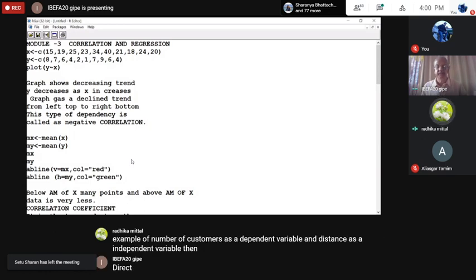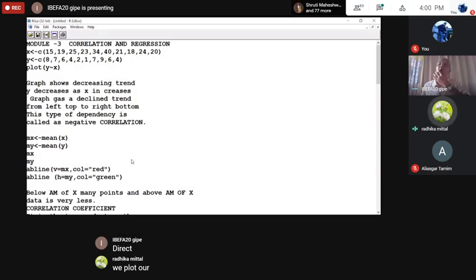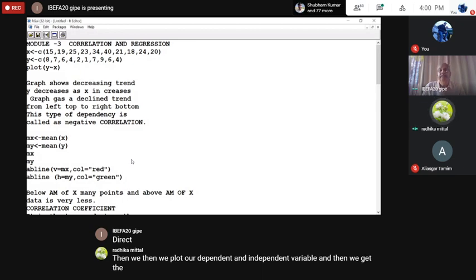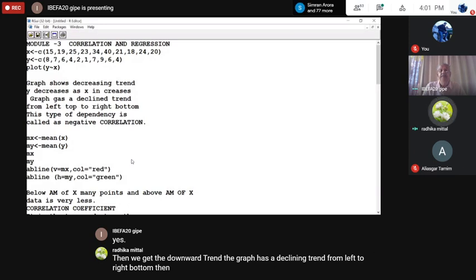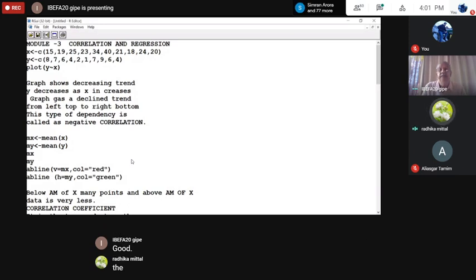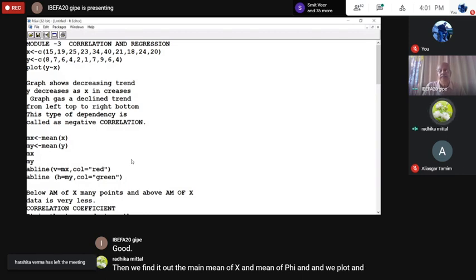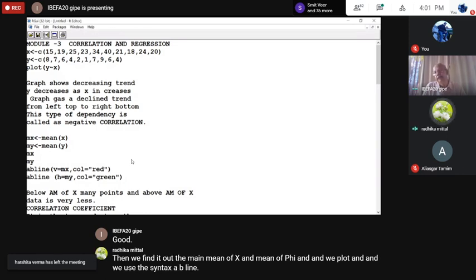We plotted them and got a downward trend, declining from top left to bottom right. Then we found the mean of x and mean of y and used the abline syntax for both.